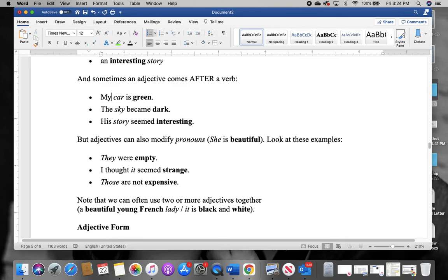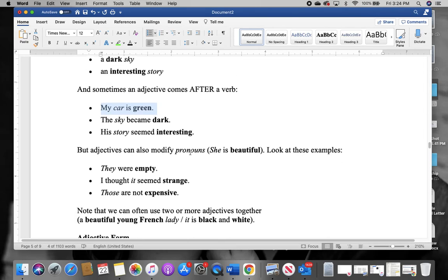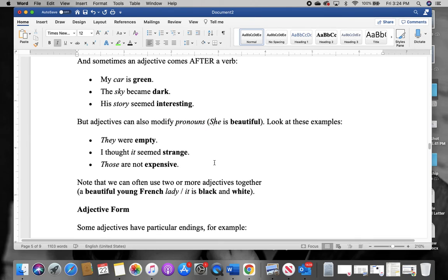If we just had my car is, that's not an independent clause, right? So we need my car is what? My car is green. We need that adjective to complete the thought, to make it a grammatically complete sentence. And then down here, that's the descriptive part. This gets into modifying pronouns.